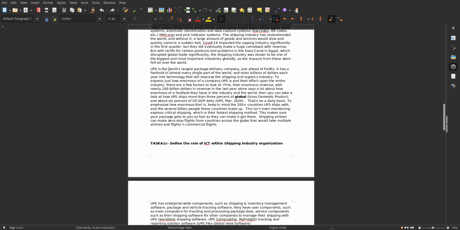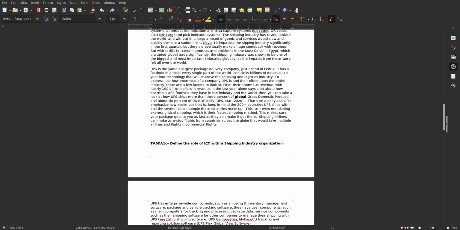To emphasize how enormous that is, keep in mind the 200 plus companies or countries UPS ships with, and the several billion people these countries make up. It's also worth mentioning express critical shipping, which is their fastest shipping method that makes sure that your package gets to you as fast as they can make it there. Shipping airlines can make zero-stop flights from countries across the globe that would take multiple airlines and flights in commercial flights.